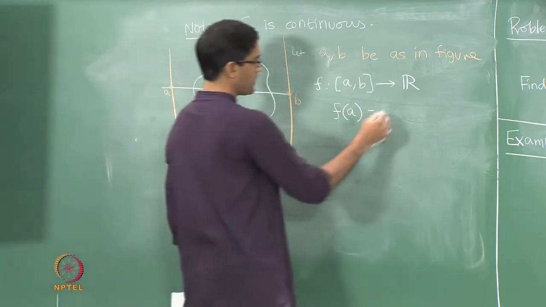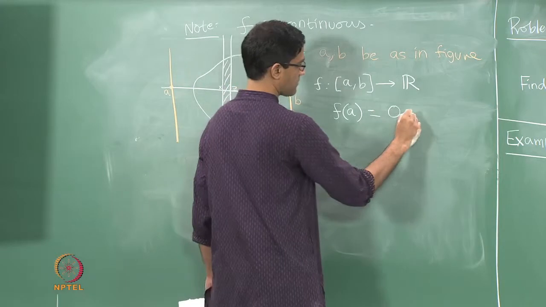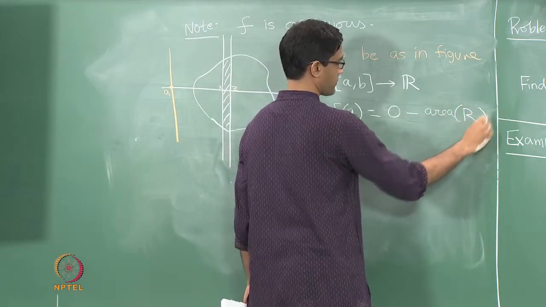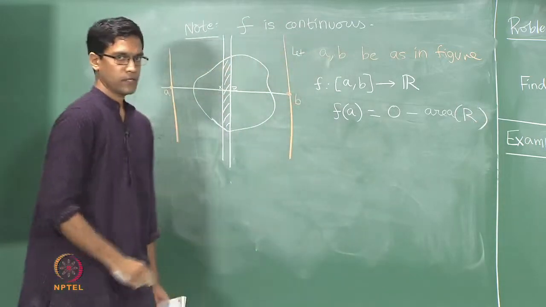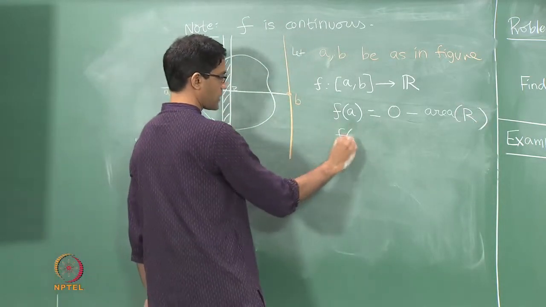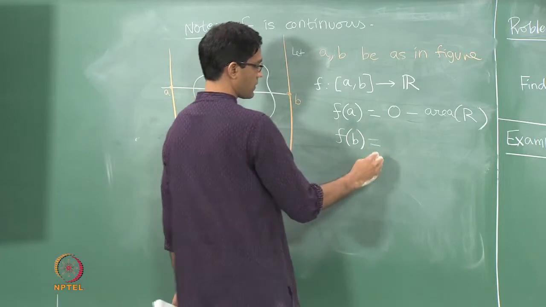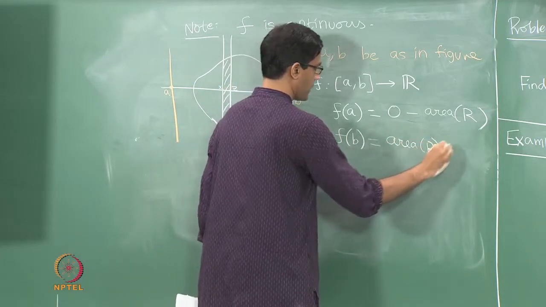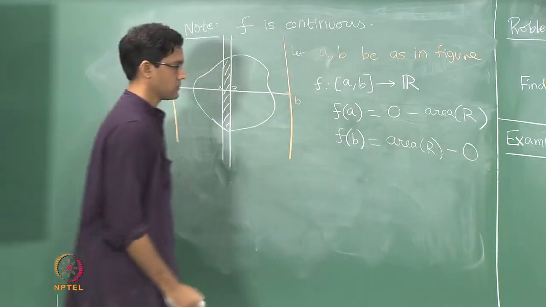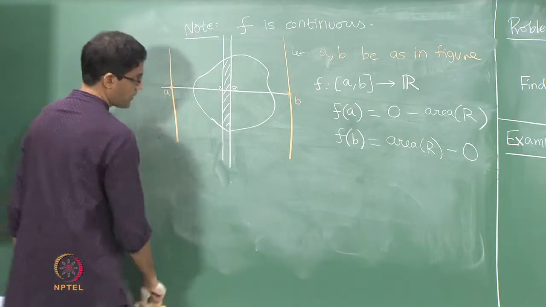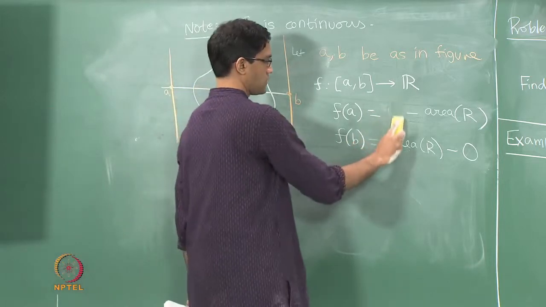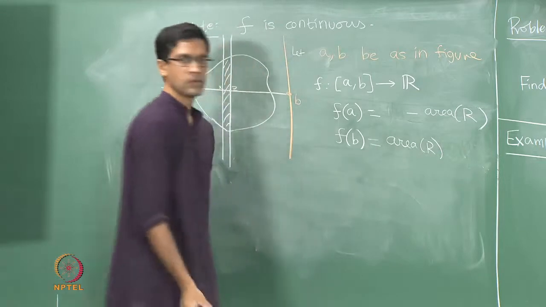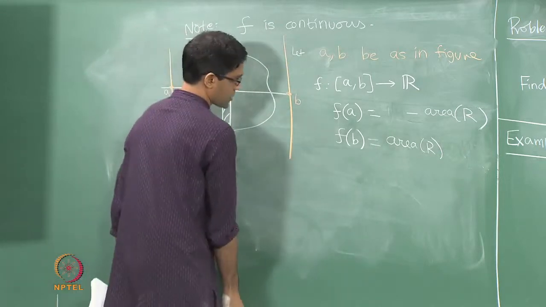So this is 0 minus the full area of the region R. For the right endpoint b, the area to the left is the full area and the area to the right is 0. So f of a and f of b are of opposite signs. One of them is area of R, the other is minus area of R, so one is strictly negative, the other strictly positive.